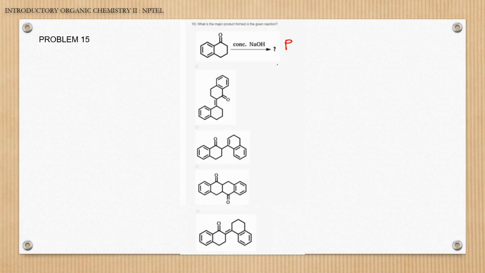Can anyone tell me what the product is? What is the name of this reaction? Aldol condensation. Yes. So do the aldol condensation and tell me what will be the product of this reaction.